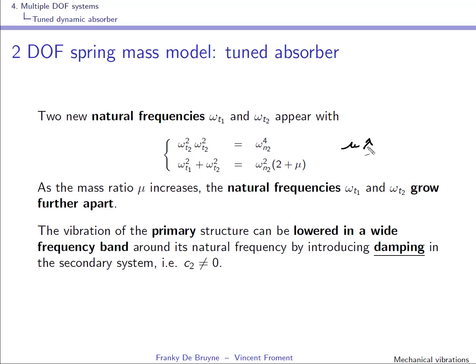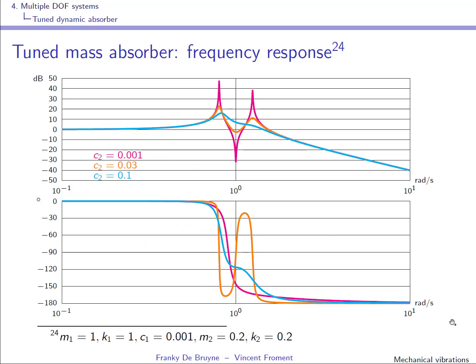Okay, but we also want to lower the response, the peaks at these 2 natural frequencies. So this can be done by introducing damping in the secondary system, so that you use C2 different from 0. Okay, so this is what you see here in this slide. I've taken the same primary system as before, and I've taken the following secondary system.